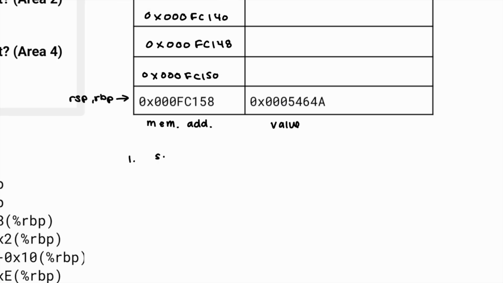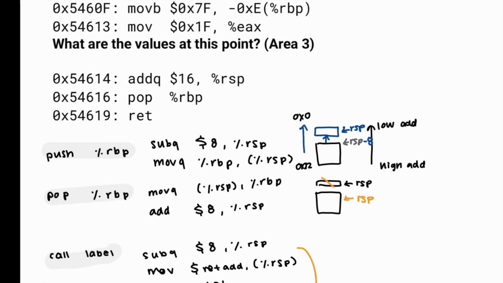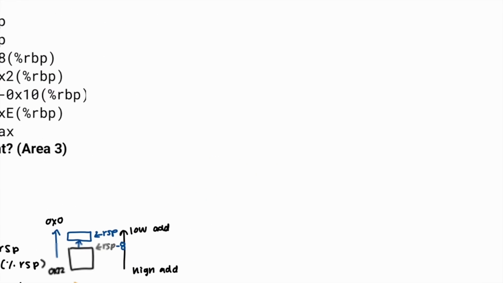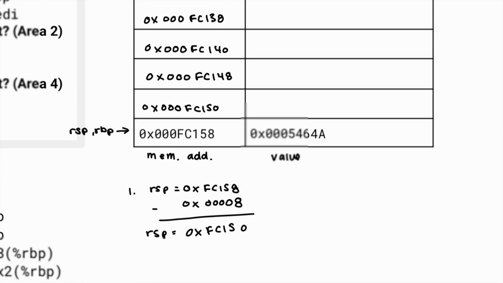So RSP has 0xFC158. The first instruction, remember, we have to subtract 8. So we're going to subtract 0x00008. Remember to pad. 8 minus 8 is 0, and then the rest of the numbers stay the same. So now RSP is equal to 0xFC150.